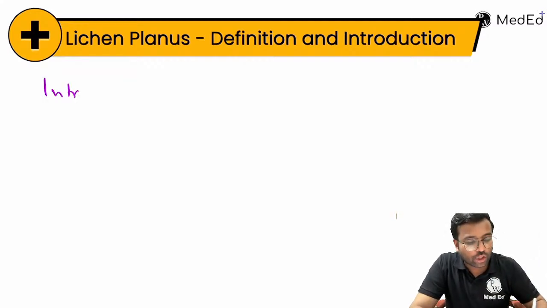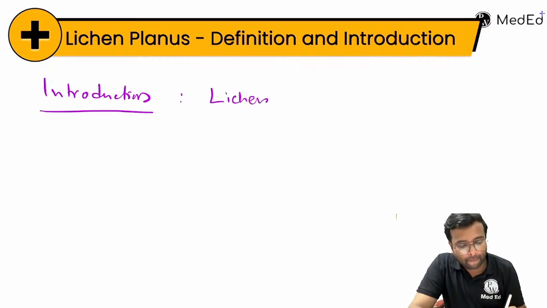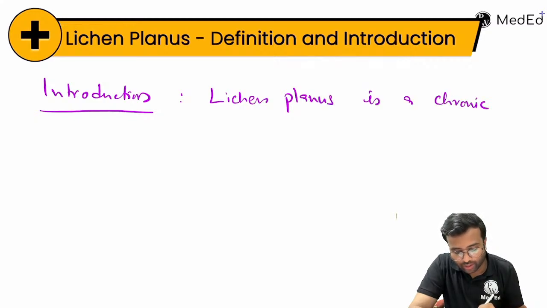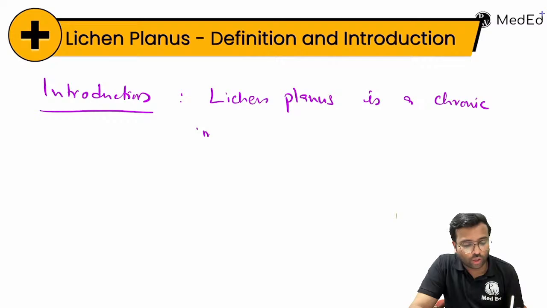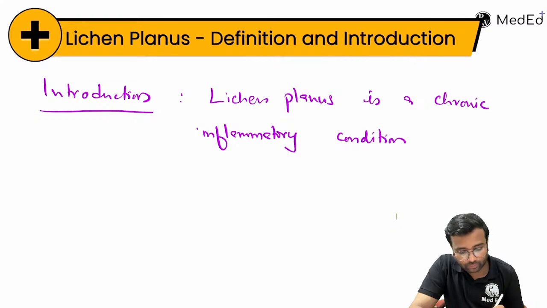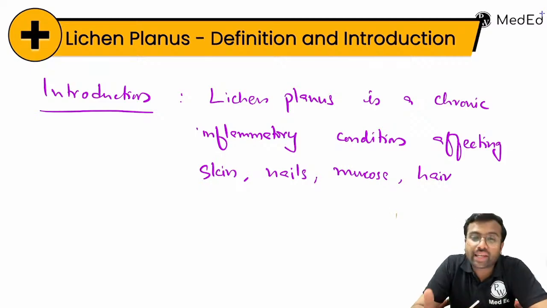So we will give a short introduction that lichen planus is a chronic inflammatory condition, just like psoriasis, affecting the skin, nails, mucosa, and the hair.